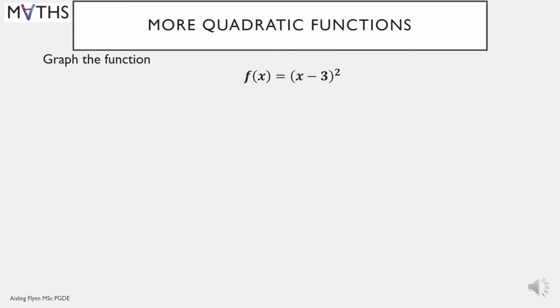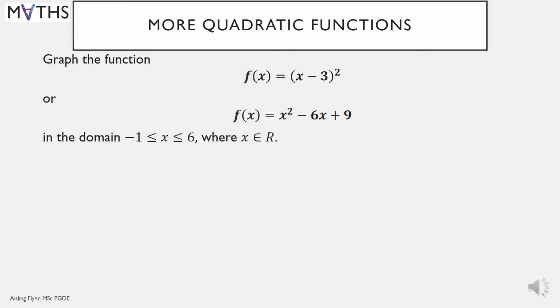What happens when we have a different number in the bracket there? In this case, we have x minus 3. So we'll see what effect this has on the graph. On the previous slide we mentioned for the expanded version that we have useful information here, which is the constant part.